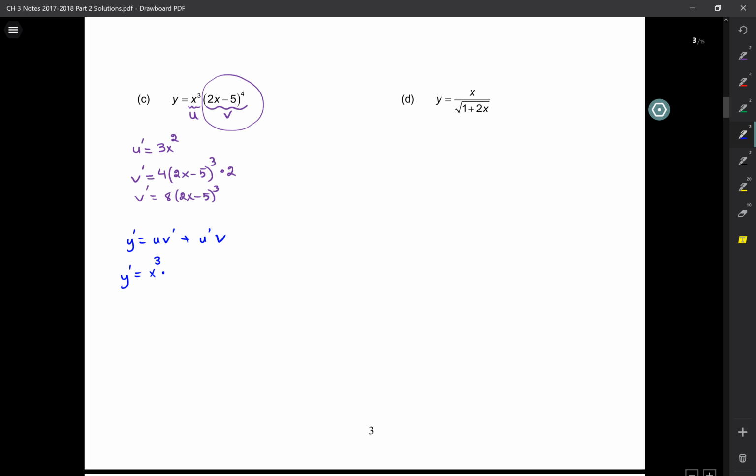And what was v prime? 8 times 2x minus 5 cubed. Okay, plus what was u prime? And v? Now you just do all the multiplying. So let's do that. Oh my gosh, I just fell in love with this problem all over again.